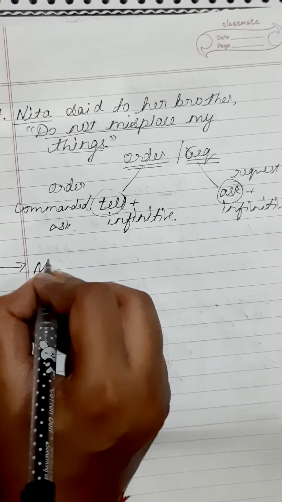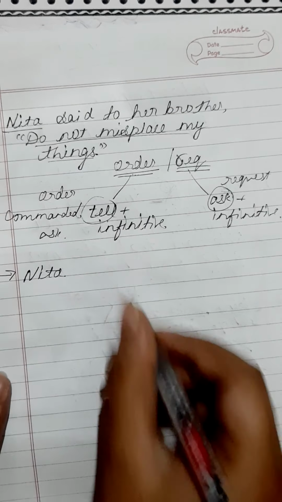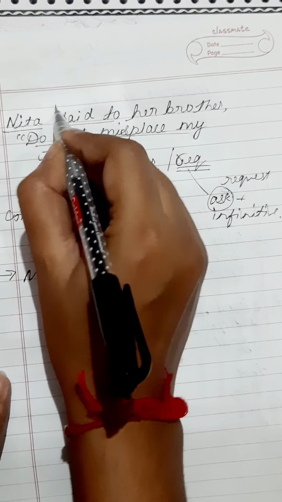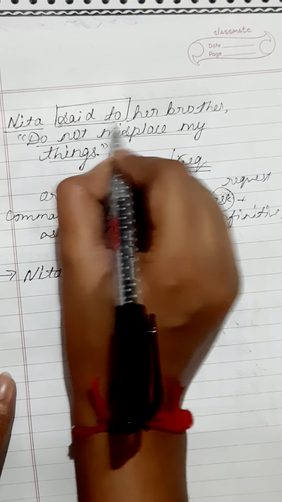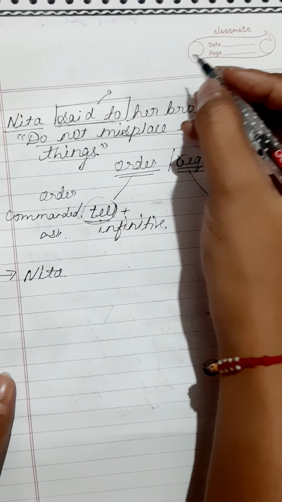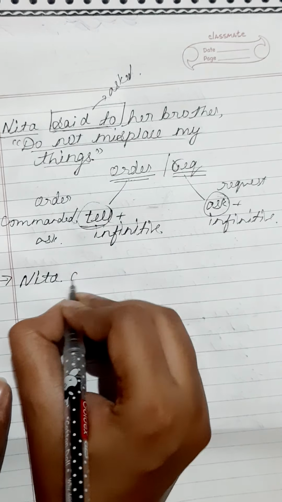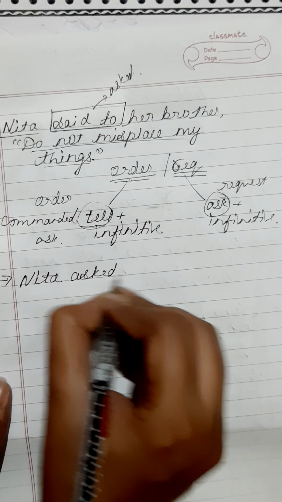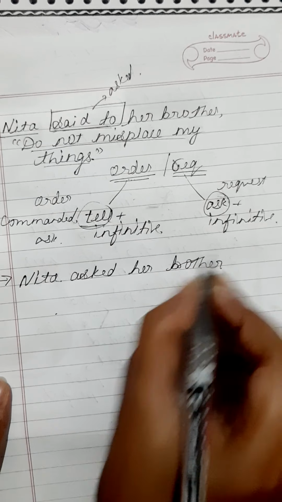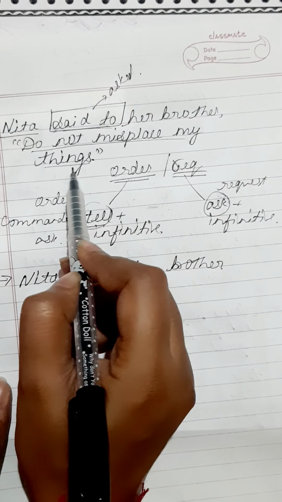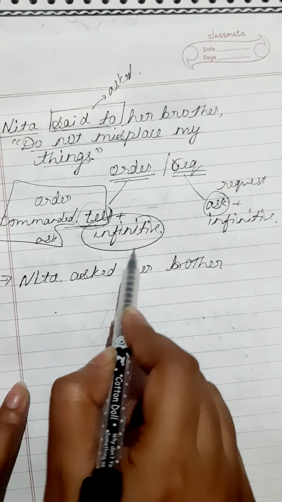Neeta will remain as it is. Neeta. Next we have said to. So instead of tell, the said to can be converted into asked. So Neeta asked her brother, "Do not misplace my things." Now we have finished with the tell version. Now we have infinitive.